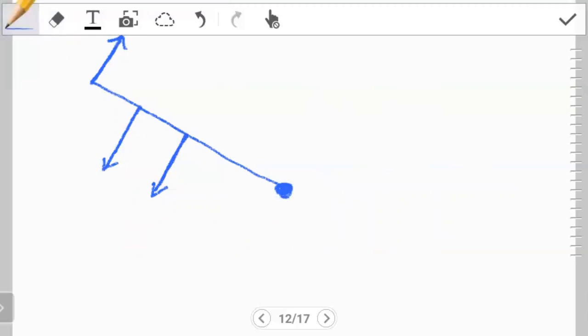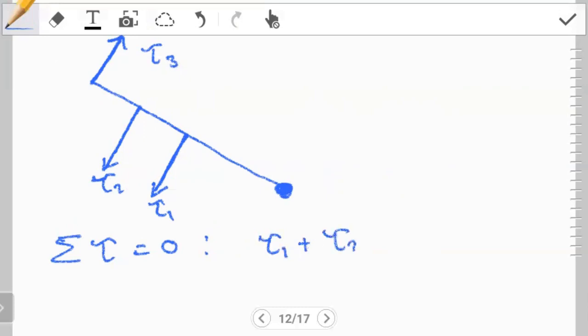Now, how does our expression look now? So we are summing up the torques and saying that they're equal to 0. What does this imply? If I say this is torque 1, this is torque 2, and that is turning effect 3, we're saying torque 1 plus torque 2 plus the third one sum up to 0.